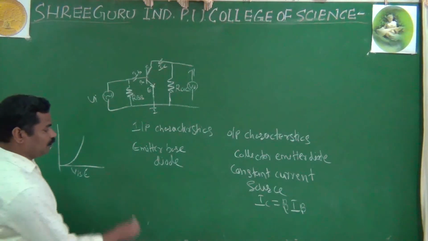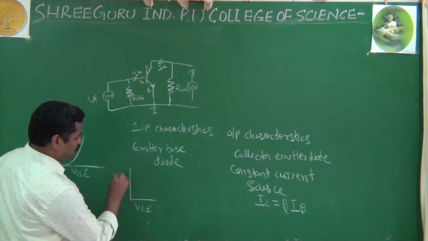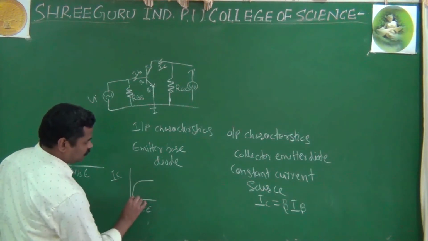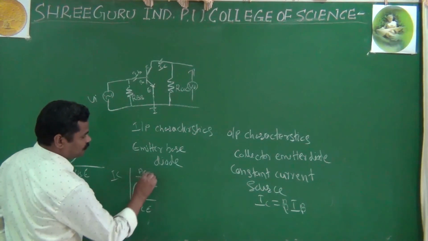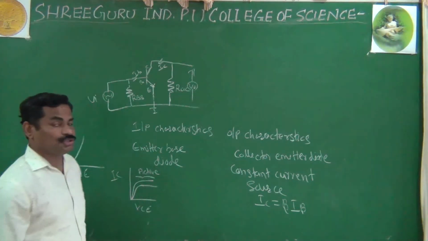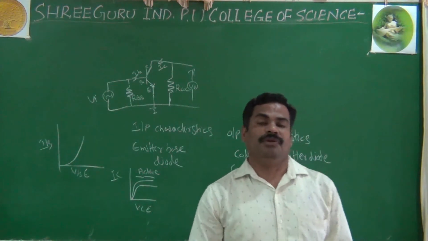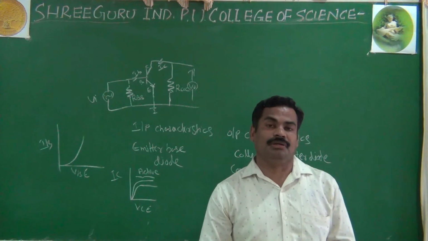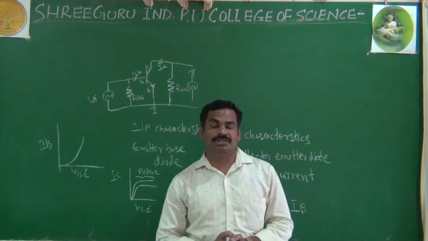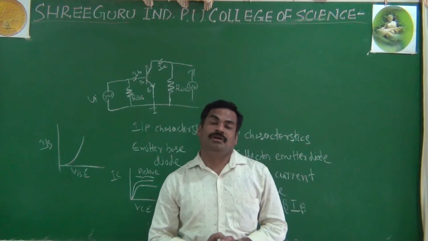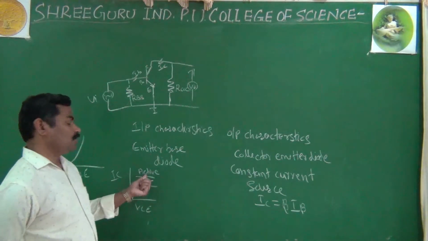And also, as you know about the output section, VCE and IC, this region is called the active region. It is also called the constant current source region, because, as we know already, the transistor conducts as an amplifier only if it is in the active region. In the active region, the transistor acts as a constant current source.